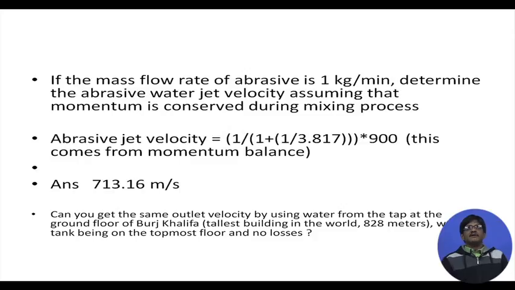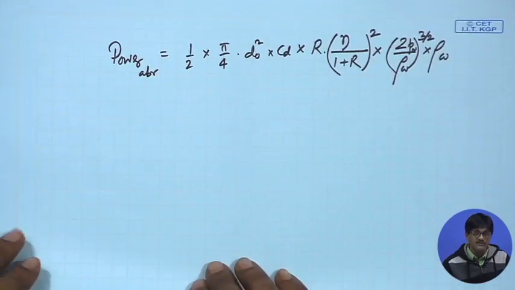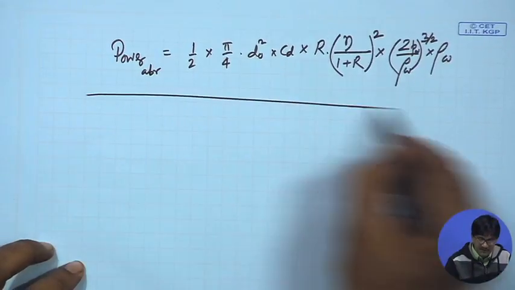All right, mass flow rate of abrasive is given, and from the previous problem we have already found out the mass flow rate of water to be 3.817 kg per minute, and the velocity of the water jet was found out to be 900. So, let me write it down quickly on this piece of paper. This is what we start with.